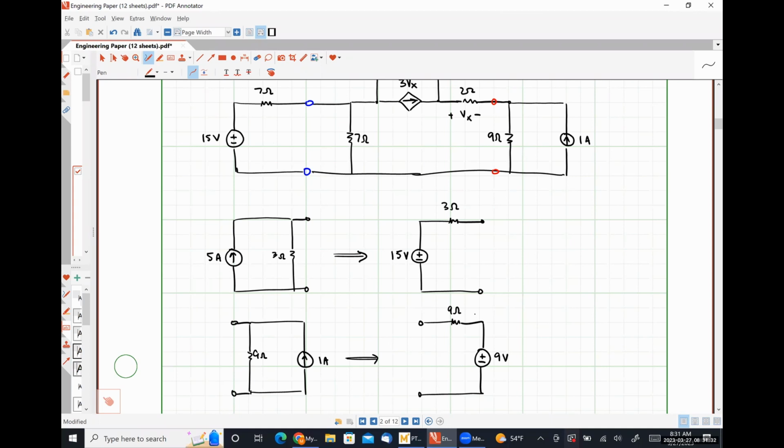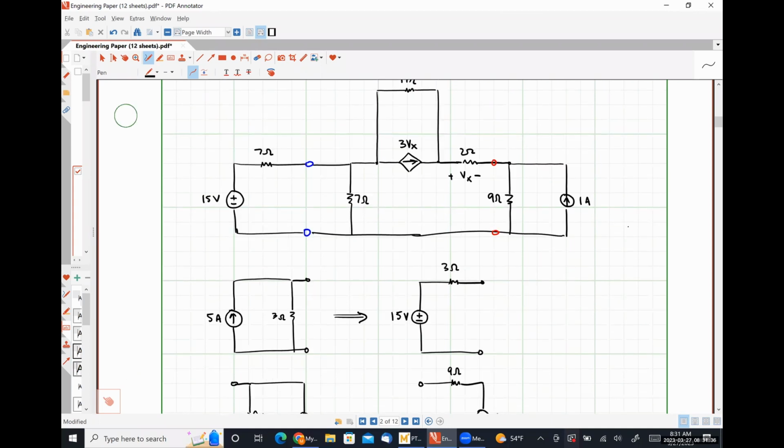Would not change the electrical characteristics at all. Okay. So I'm going to delete or disconnect my practical current source and replace it at the terminals with a practical voltage source.